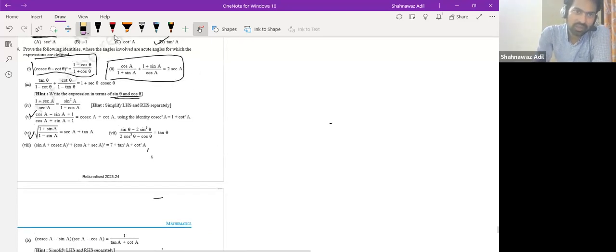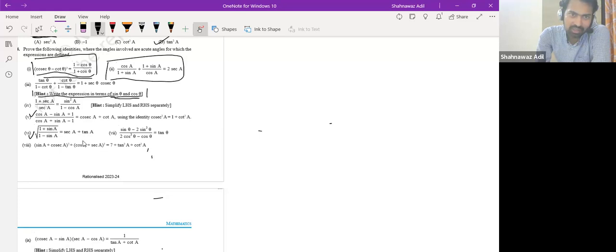Now we can use this sheet. Write the expression in terms of sine theta and cos theta. You guys didn't get the hint, but I got the hint.